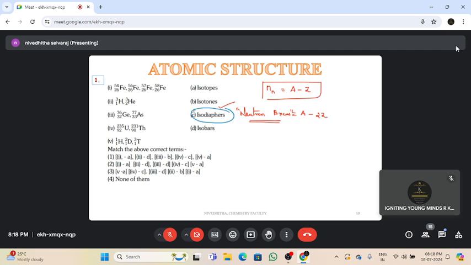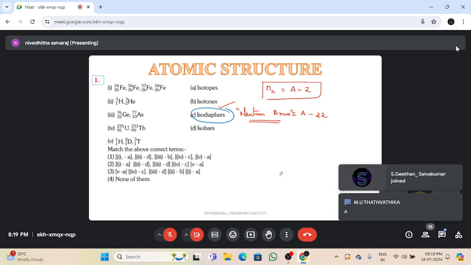You just screen the options and tell me. What is the answer?